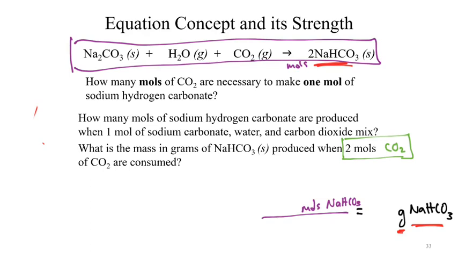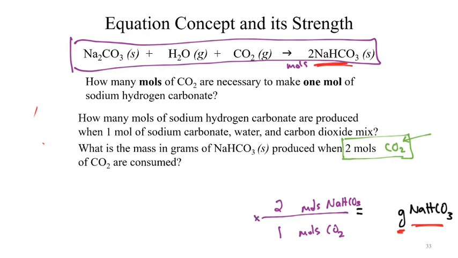So what do I want to relate this sodium hydrogen carbonate to? Well, the only other given information I've got, other substance, is CO2. So probably relating the moles of sodium hydrogen carbonate to the moles of CO2 is a good idea. The number values come from my chemical equation, the coefficients from there, and we've got that expression.